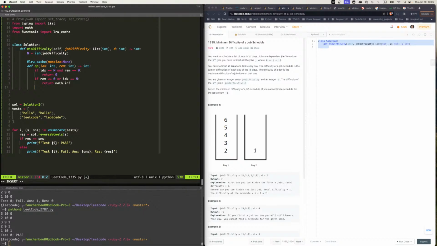So what we're going to do is start from index and then we just try. As we try, we keep track of the max value, because the max value becomes the job difficulty.